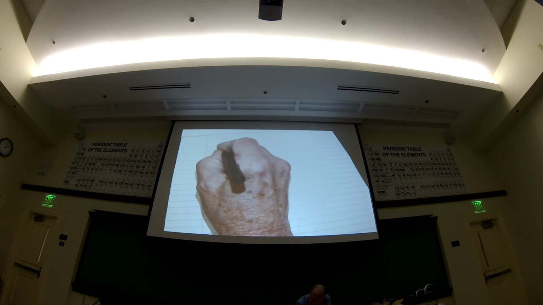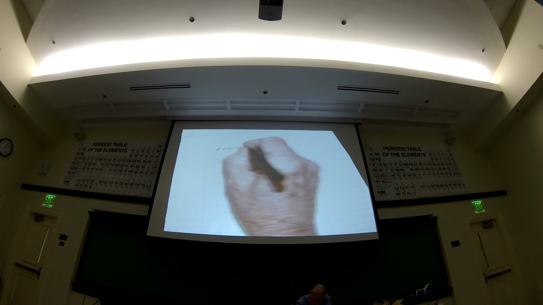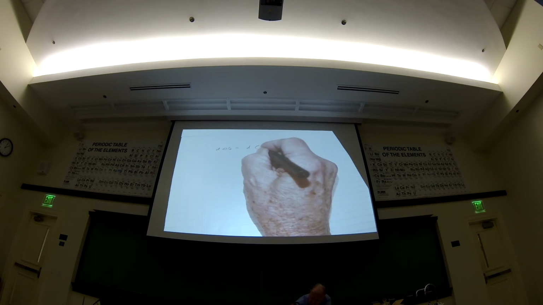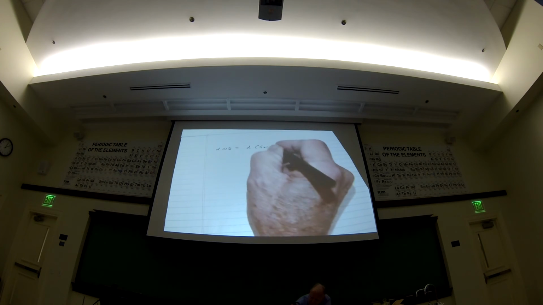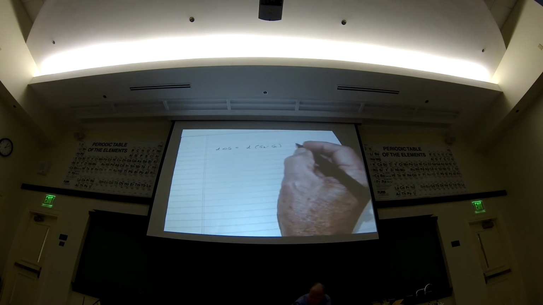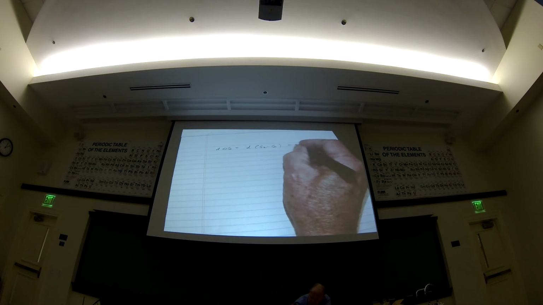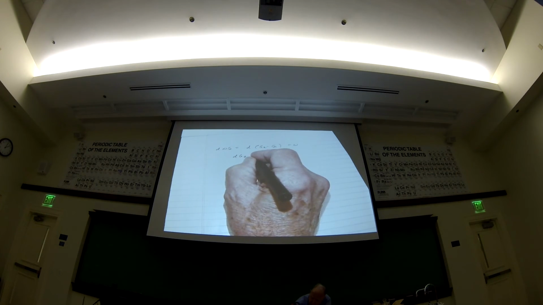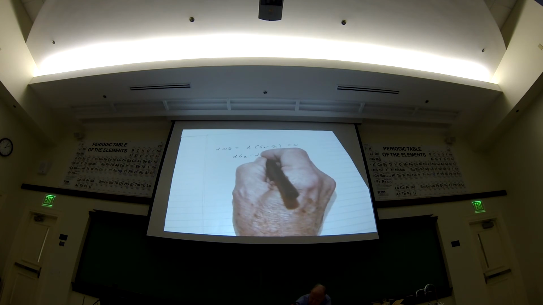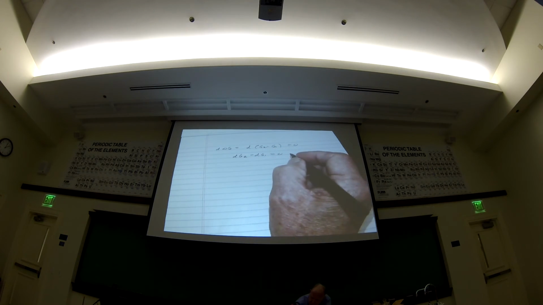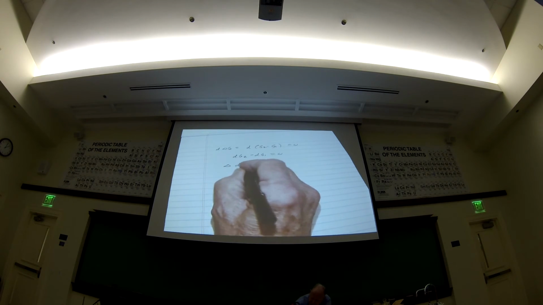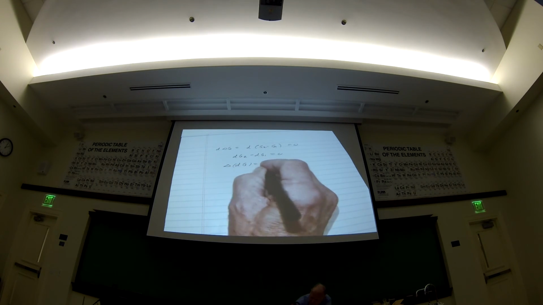Run out of paper there. d of delta G is G2, the G in phase 2, minus G in phase 1, equal to 0. So dG2 minus dG1 is equal to 0.